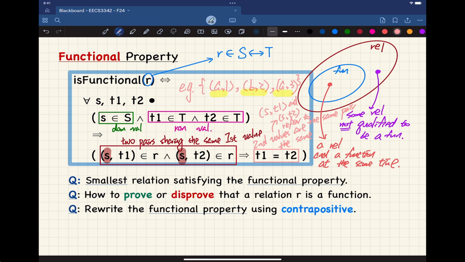You can think about it, and we're going to have some rewriting in just a moment, right? They should really refer to the same pair. Let's see why this particular one is going to violate the functional property. Let's see that first. Can you find S, T1, and T2 such that this pair is in R, and this is also in R, but this is not the case? Can you find such T1 and T2 over here?